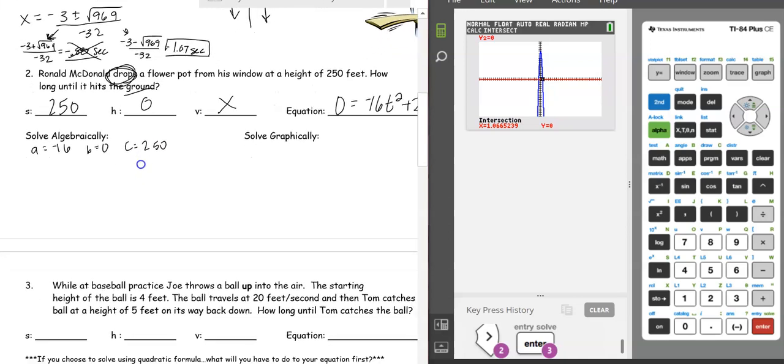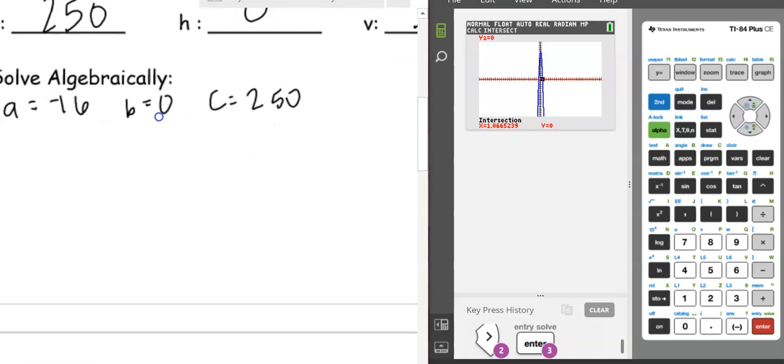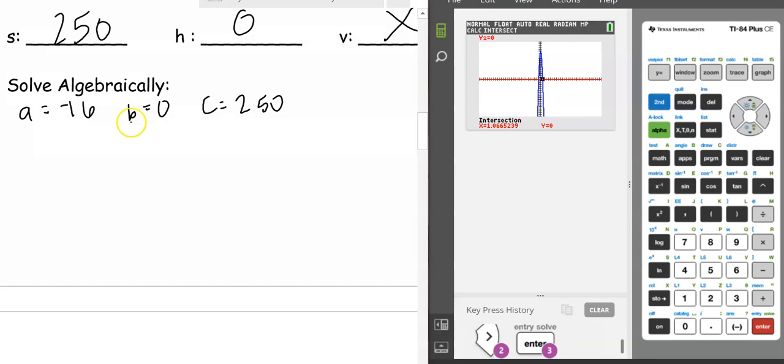Okay, but without that middle term, you can actually just solve. When you don't have this, technically you're pretty much going to have one answer. So you have 0 equals negative 16t squared plus 250.